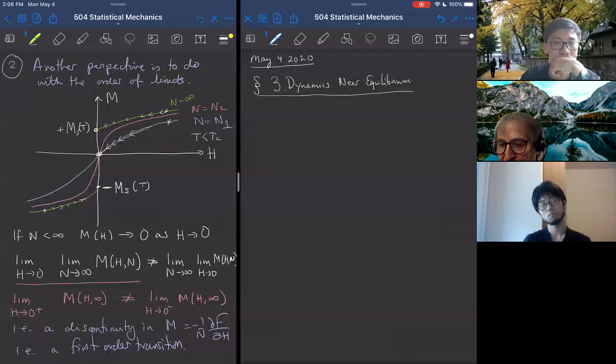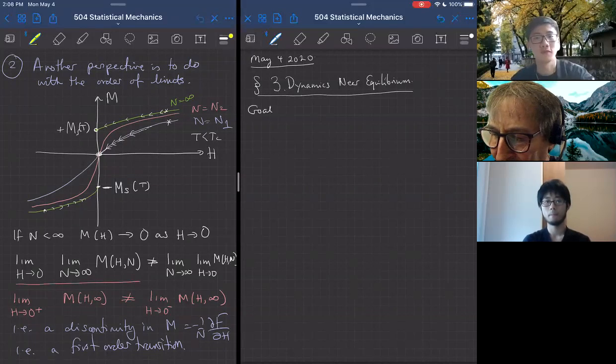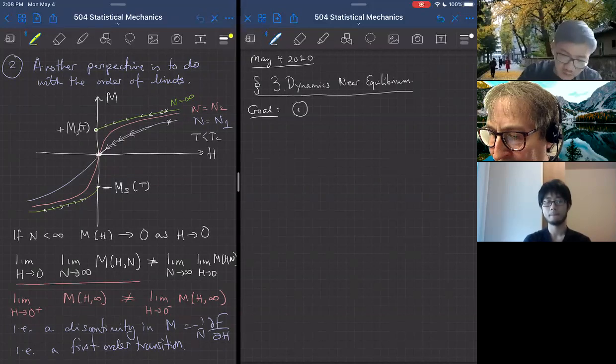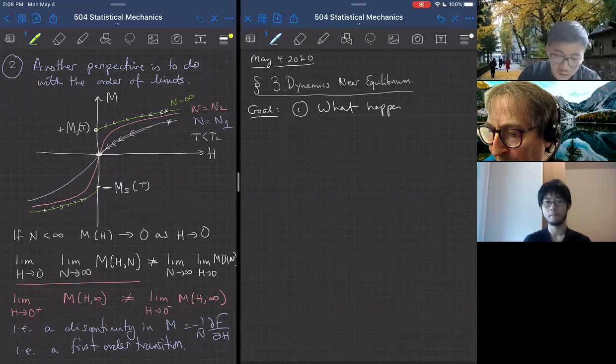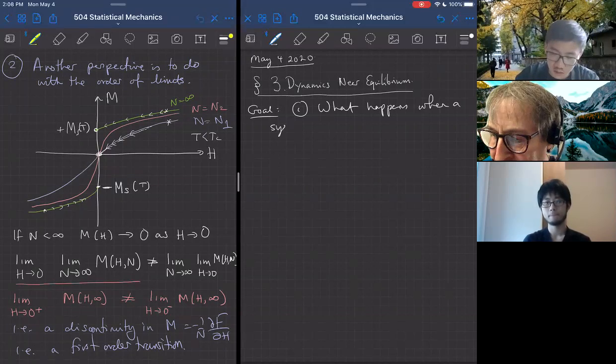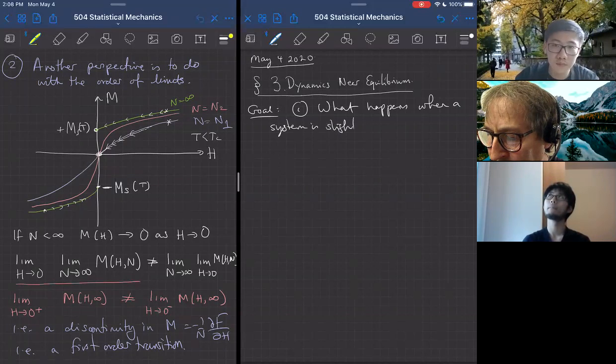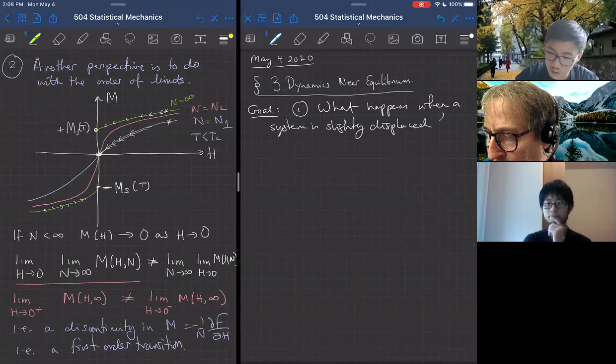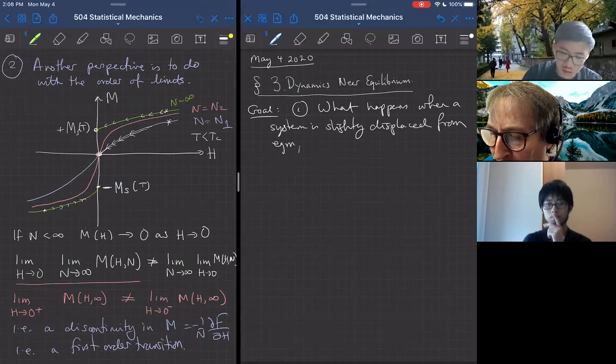We want to look at what happens when a system is slightly displaced from equilibrium, and then we want to see how it approaches the equilibrium.